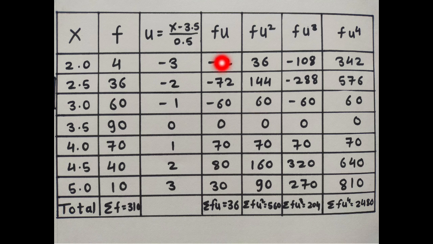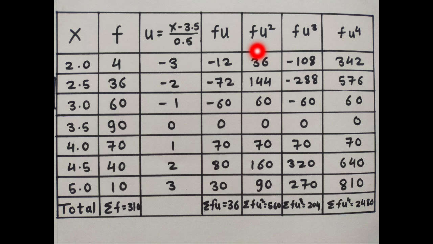Then we can see the next column is the product f and u. Simply, you can do it by 4 into minus 3, which is minus 12, and 36 into minus 2, where we get minus 72. Like this we find fu, and here we make the summation of fu, which is equal to 36.